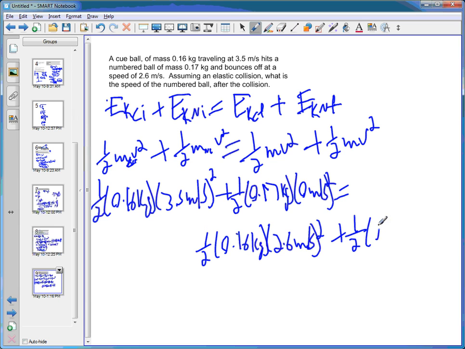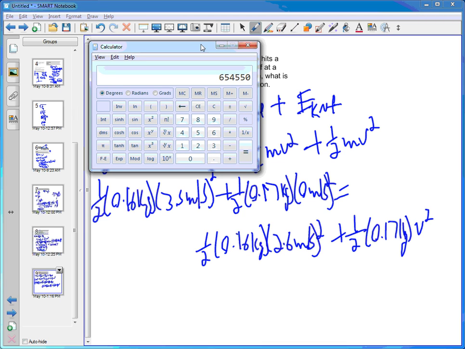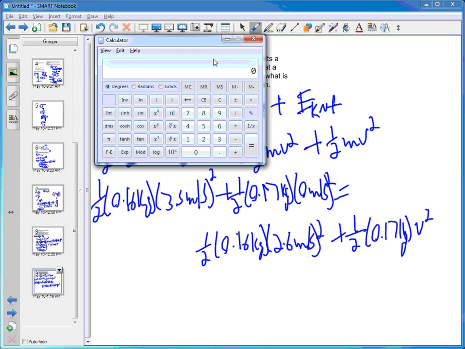Okay. 0.5 times 0.16 kilograms times 3.5 meters per second squared equals 0.98, and that's kilograms meters squared per second squared, which is a Newton meter, which is a joule.